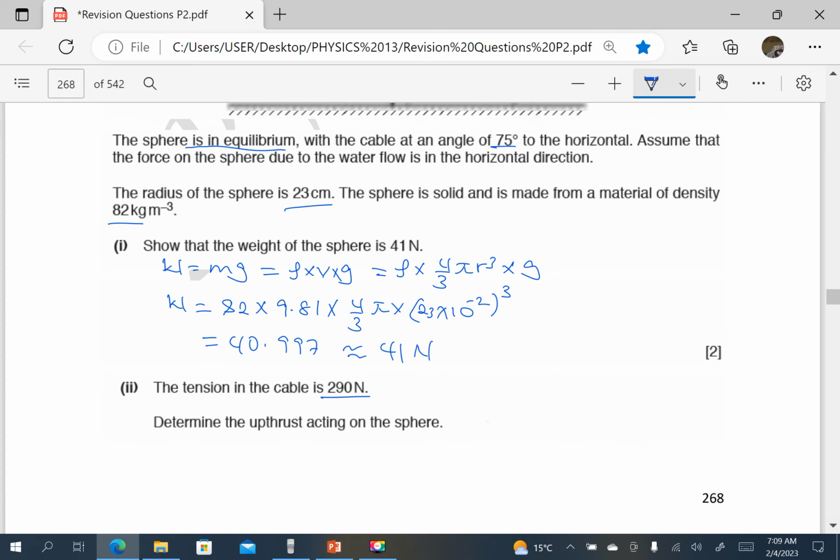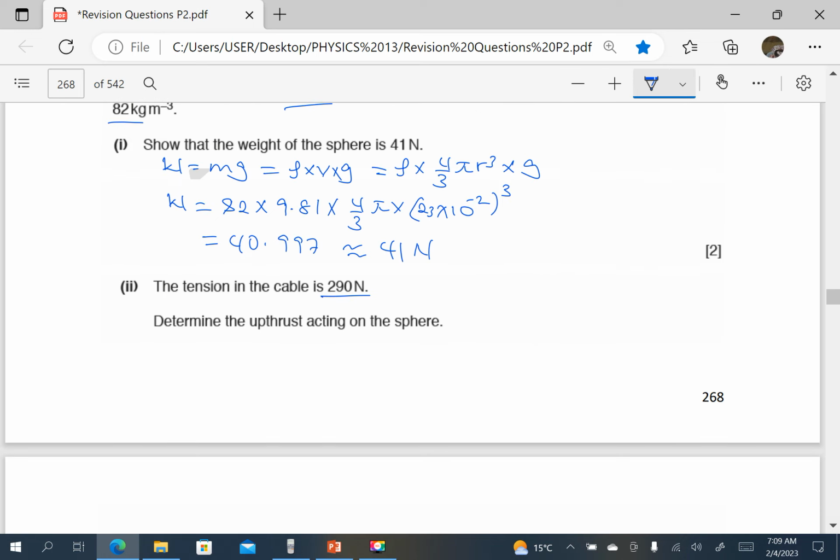So the upthrust upwards should be equal to the component of the tension downwards plus the weight.